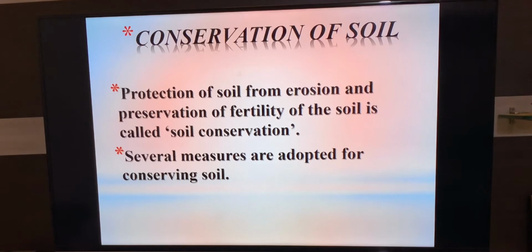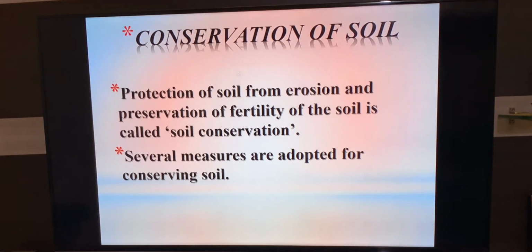In the previous slide we learned about the effect of soil erosion. Due to soil erosion, what are the problems we have faced? And moreover, we learned in the last point that the entire economy can be affected due to soil erosion. So it is necessary that we try to protect the soil.